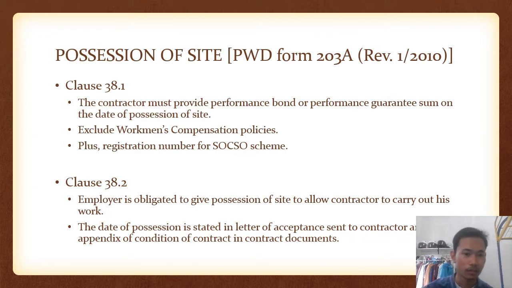If not stated in clause 38.2, the contractor must be given possession of site within a reasonable time for him to carry out the work. Usually the time is 2 until 3 weeks, or a maximum of 60 days.